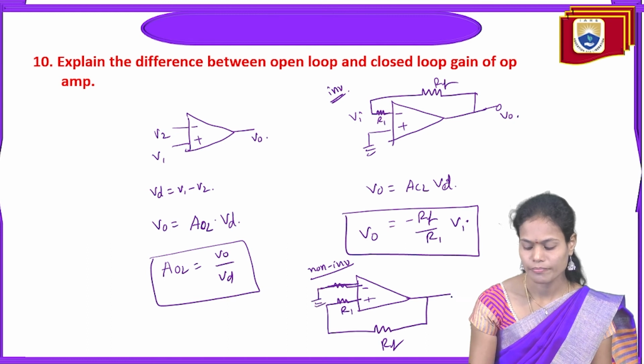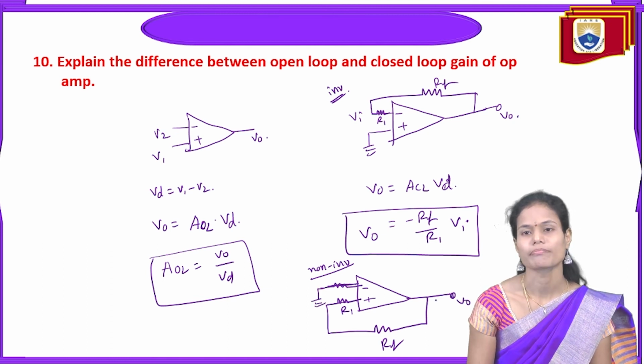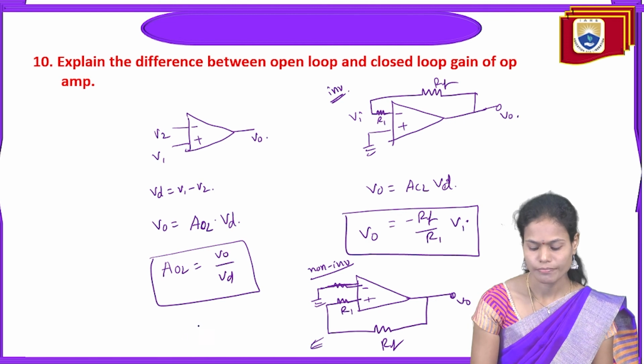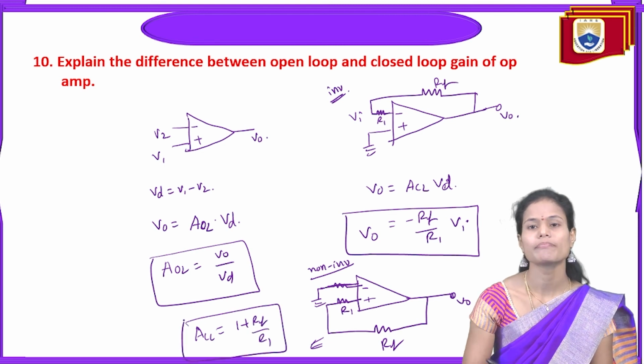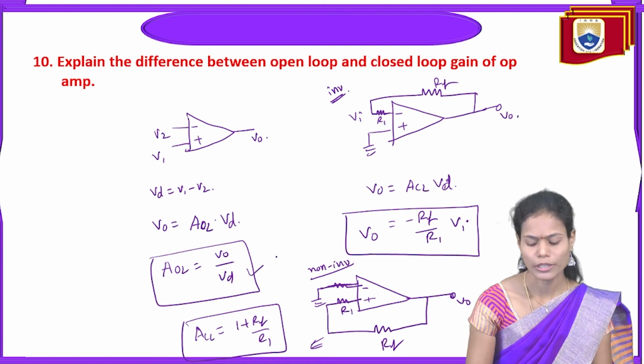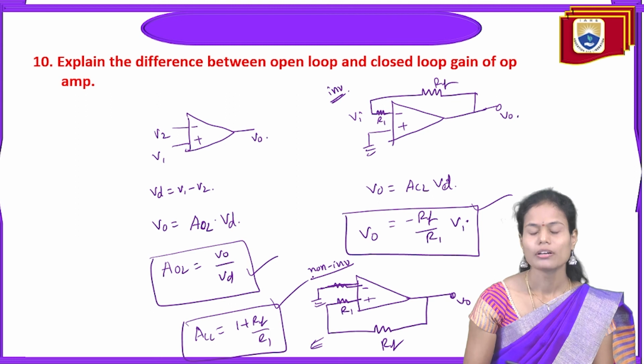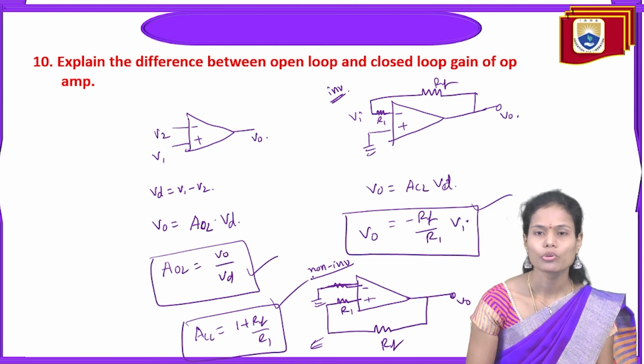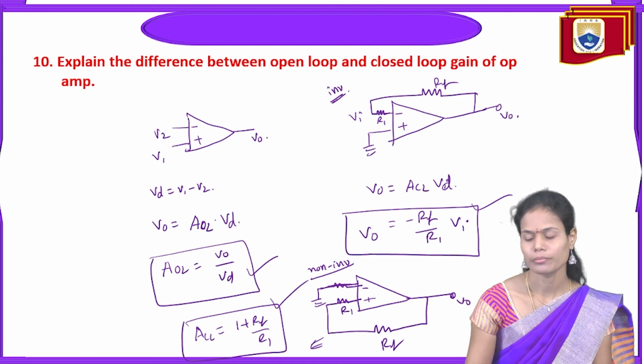It is grounded, so V0 is measured here. In this particular case, the closed loop gain ACL is equal to 1 plus RF by R1. So in this way, we get the difference of gain in the open loop as well as in the closed loop gain, in the inverting mode as well as in the non-inverting mode.